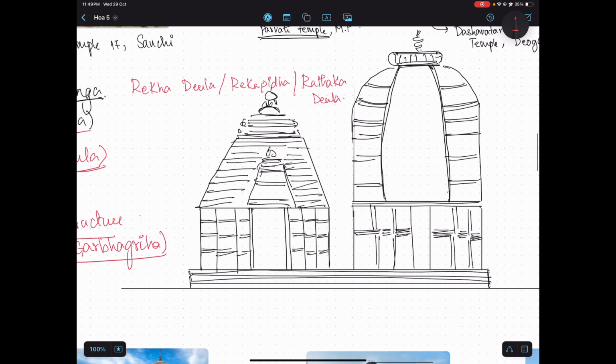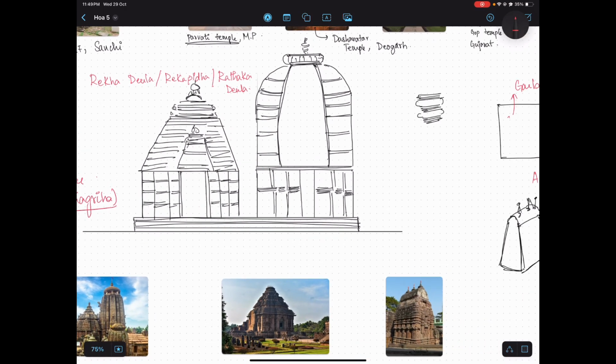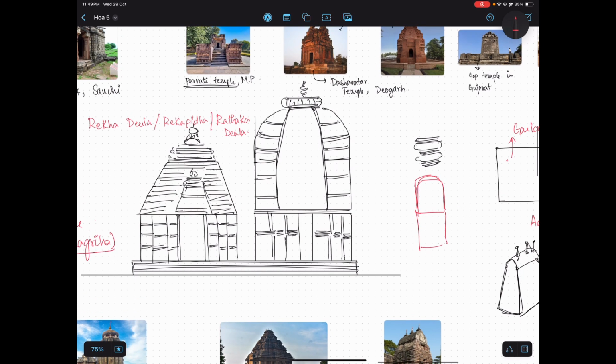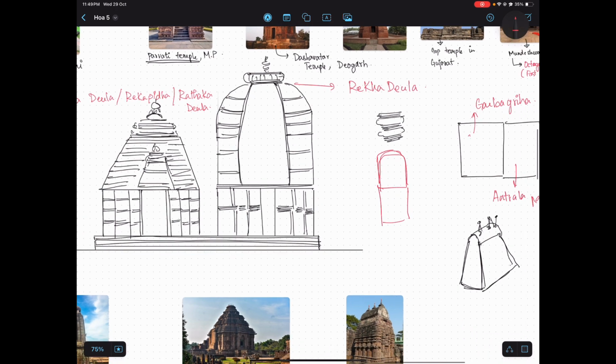This is nothing but when the superstructure or the shikhara goes on a straight line and curves only at the top, it's known as Rekha Deula, Rekha Pida, or Rataka Deula. So this is your Rekha Deula, and this is based on a square base.